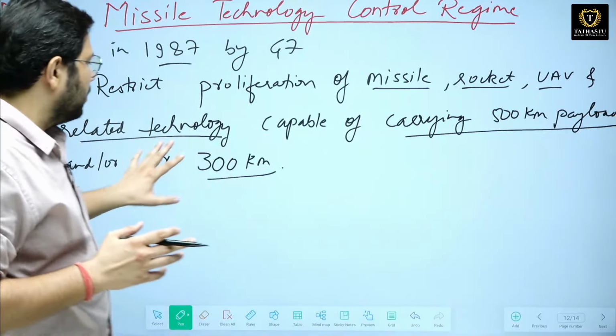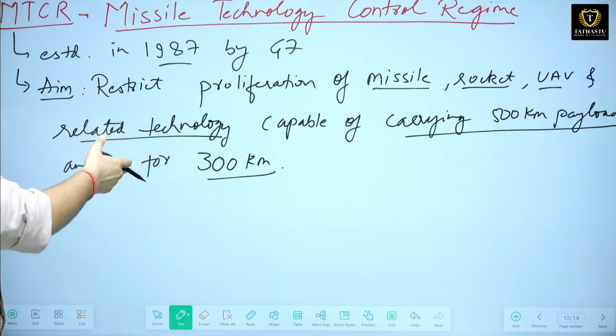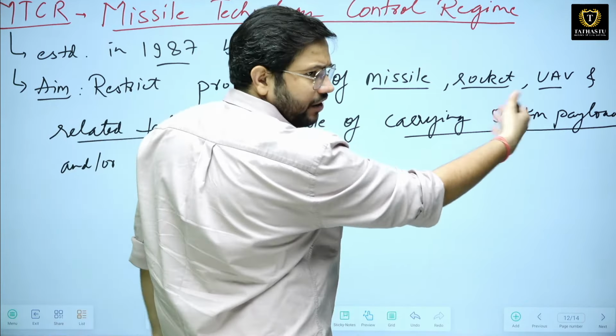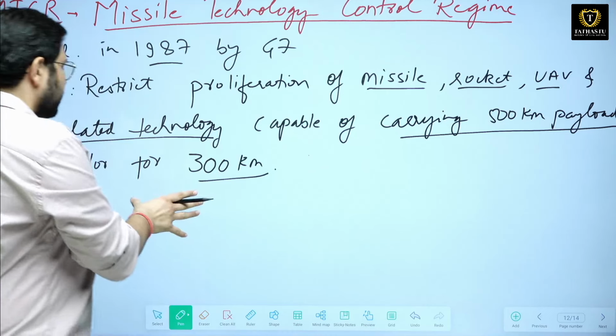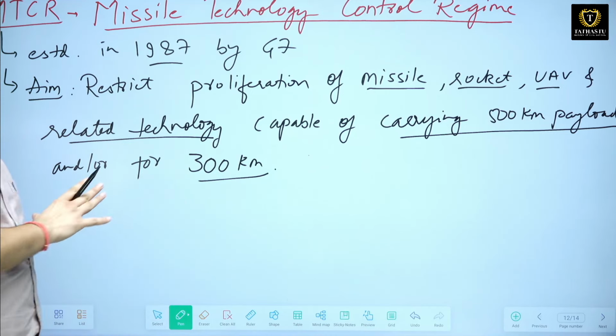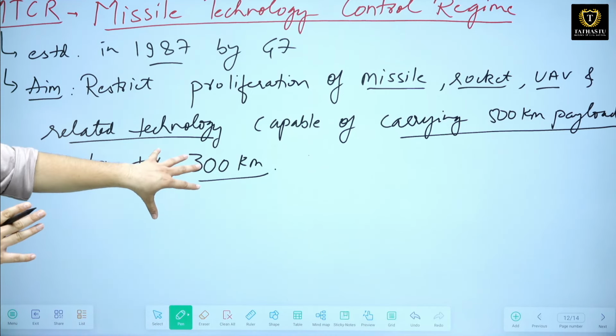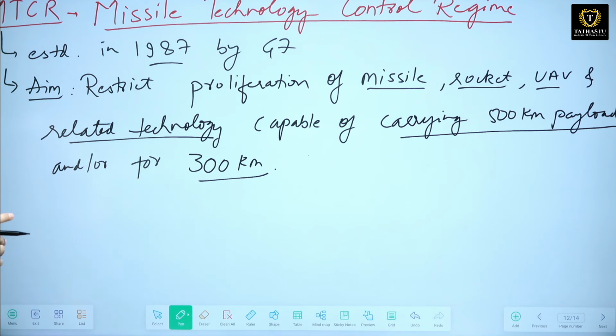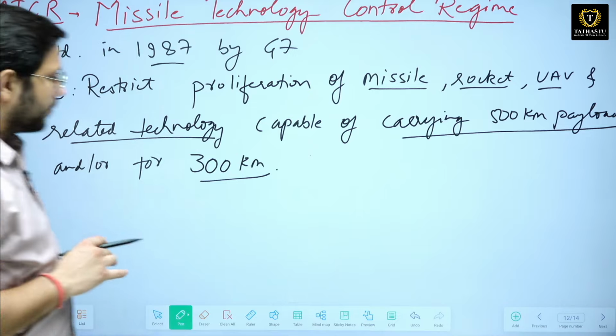Okay, clear. There are also two criteria: that it should be capable of a payload of 500 or more, or it should have the capacity to go 300 or more kilometers. Okay, that is MTCR. Is that clear?